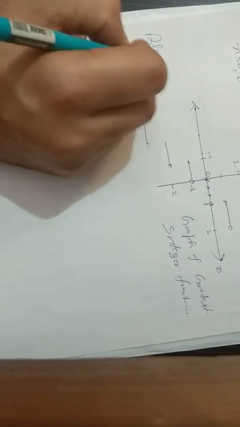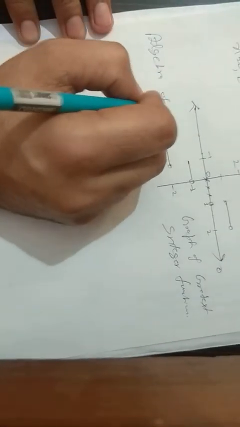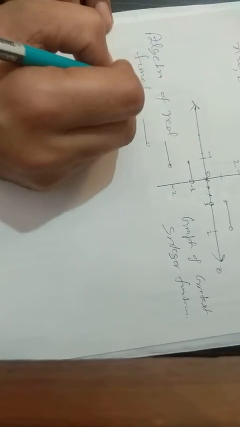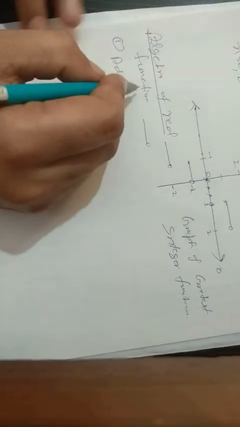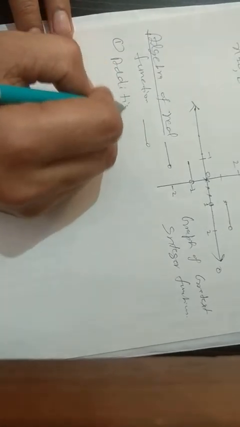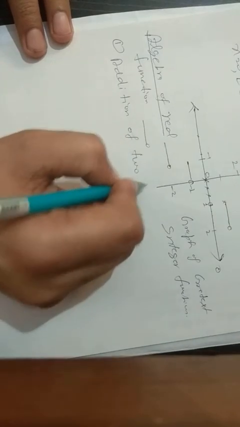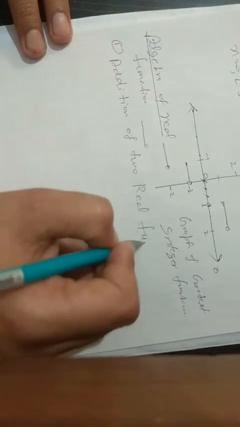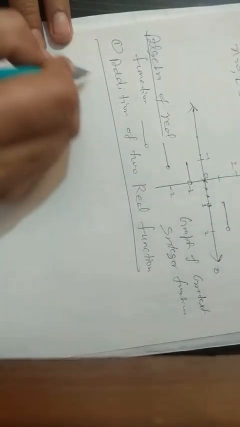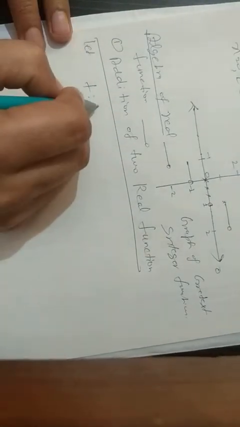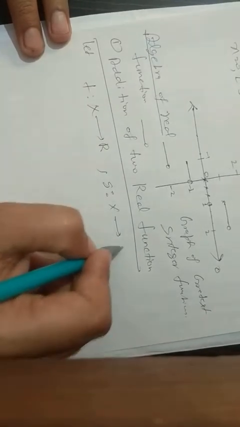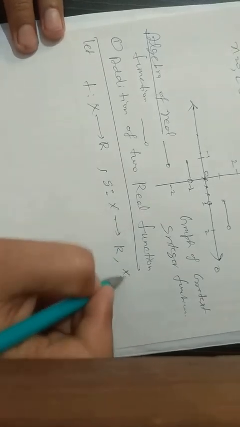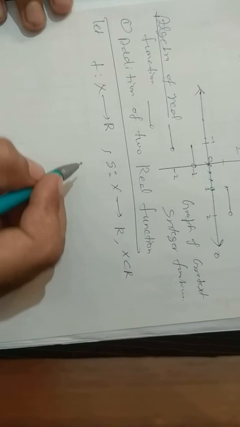Algebra of functions. First rule is addition of two real functions. f is a function defined from X to R, and g is another function also defined from X to R, where X is a subset of real numbers.